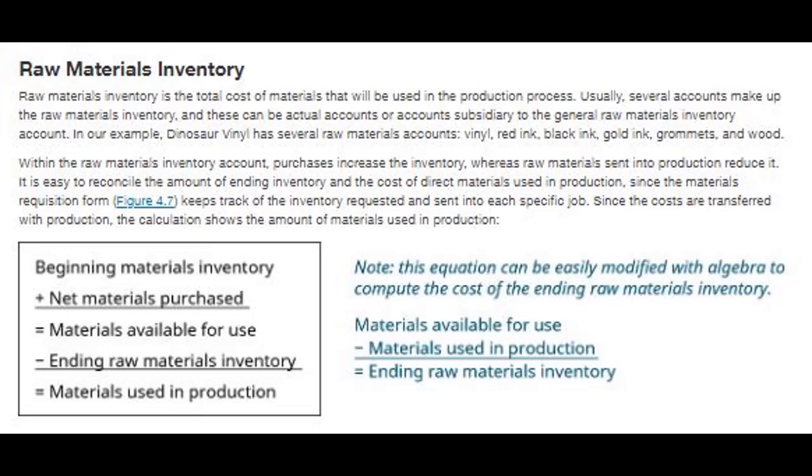Well, if you look at the raw materials inventory little box, there's a 5-line little box with a little equation. First, you want to figure out what your beginning materials inventory is. In other words, did you use some cookie dough yesterday that you started with this morning to produce today's special batch of cookies?